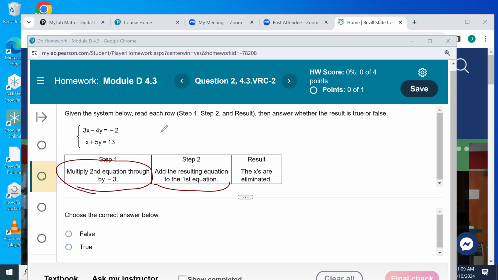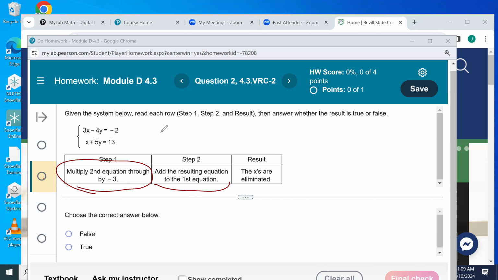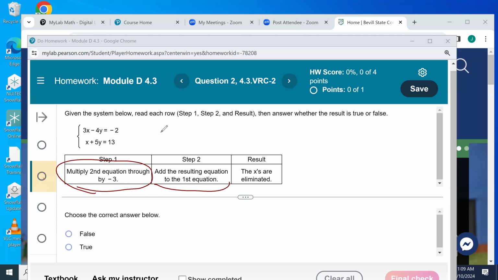So if you added the 30x and the -30x, it'd be 0. Okay, good.